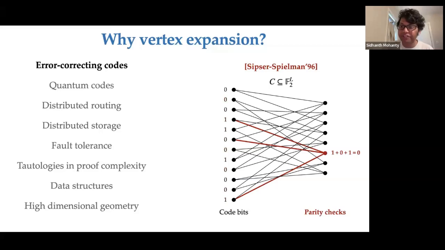And the vertices on the right function as parity checks. That is, each vertex on the right looks at the bits on its neighbors on the left, computes their sum over F2, and checks whether the sum is indeed equal to 0.